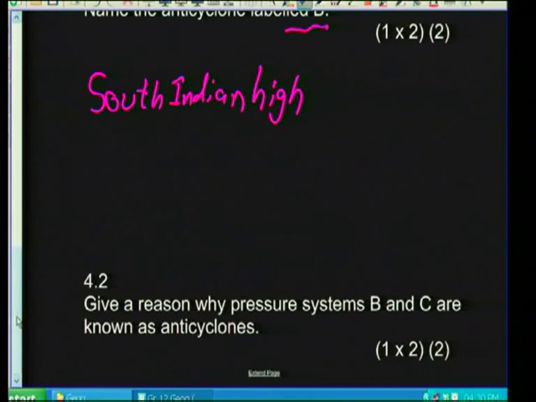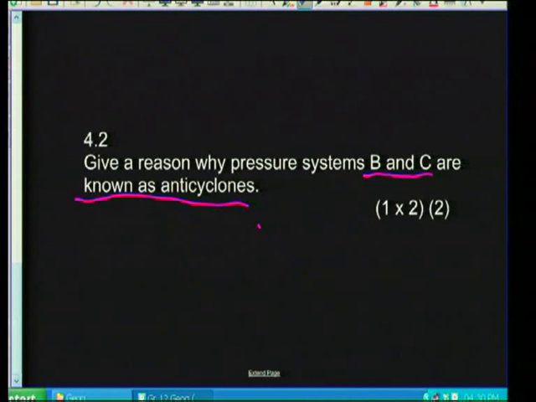Give a reason why pressure systems B and C are known as anticyclones. Immediately you know the word anticyclone. It's associated with a high pressure system. So the first one we could talk about is that it's a high pressure system.